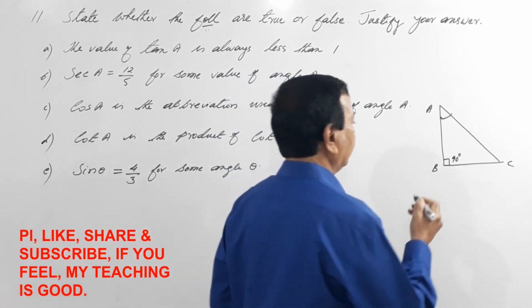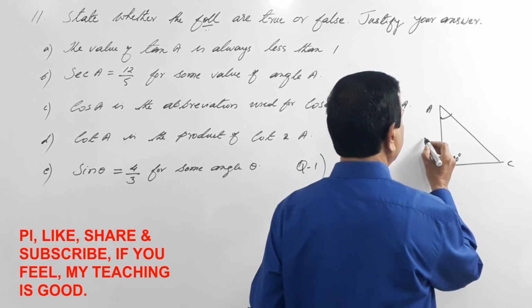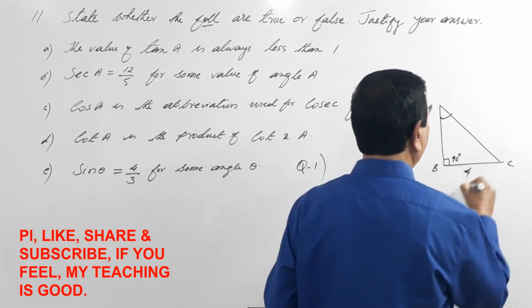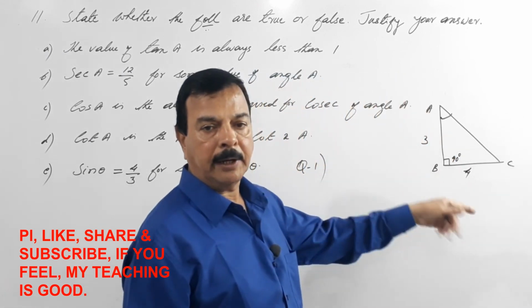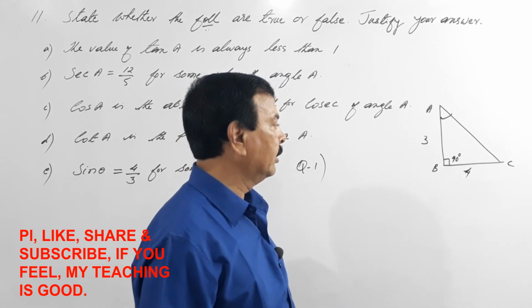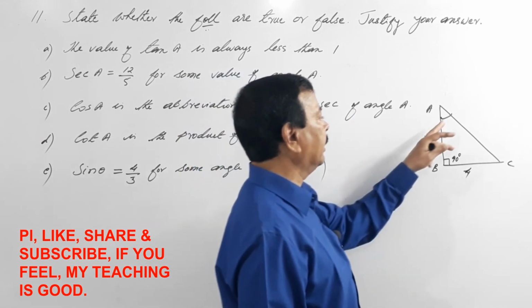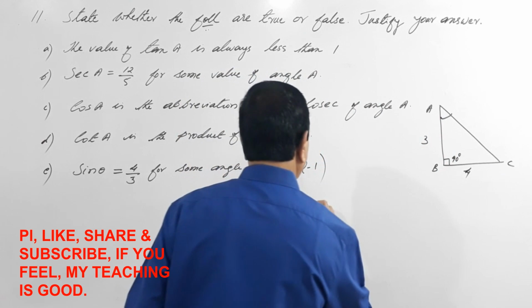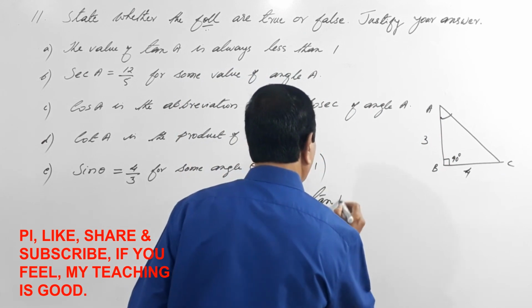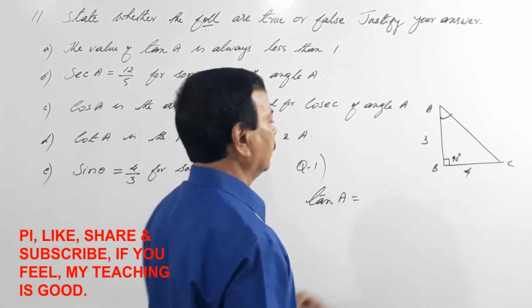Okay. Now let us take some values. This is 3 and this is 4, because tan A is opposite by adjacent side. I have taken this. So now if I consider this ratio, tan A equals what?